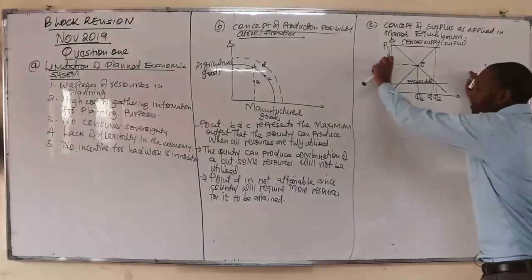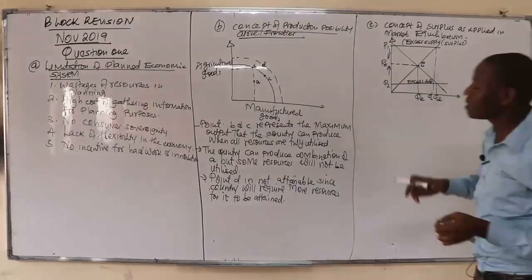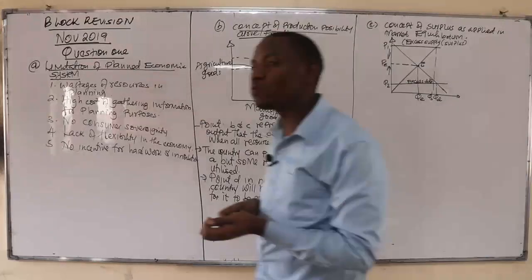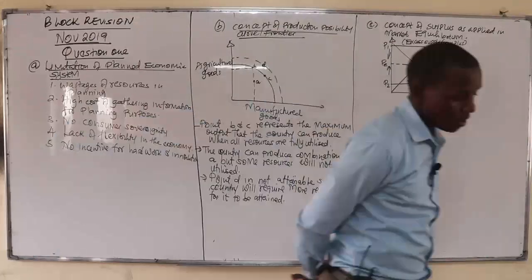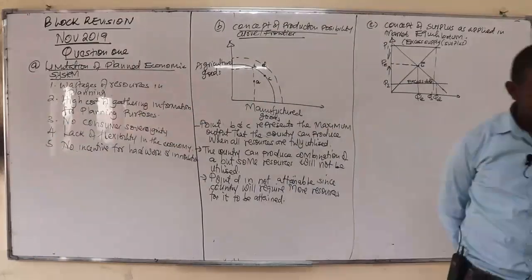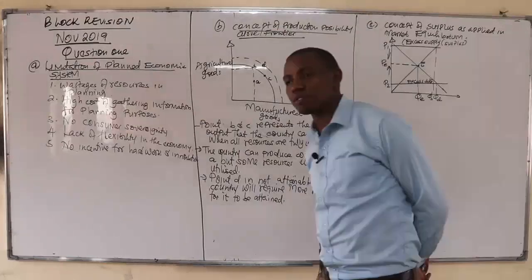Now, write and say at point P1, there is going to be excess supply or surplus.